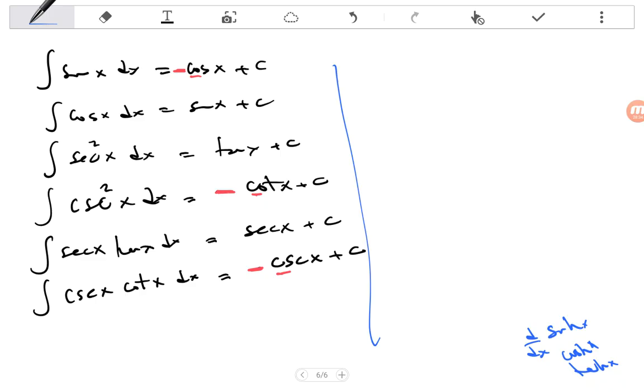These are the basic three functions. Then we have the reciprocals of them. We have cosec, and we have sec, and we have cotangent. These are called the reciprocals of the standard hyperbolic functions.